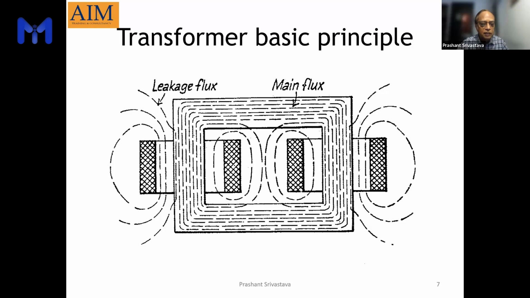There are two coils here, and they set up a flux due to the high admittance, or very low reluctance, of the magnetic core. Most of the flux remains inside the core, and travels along the core and links with all the windings of the core. Next, please.